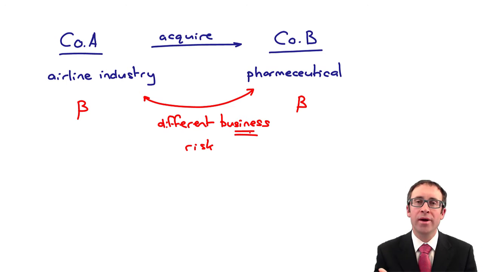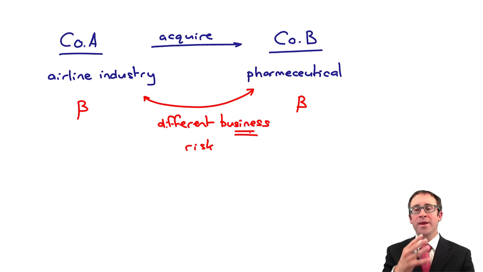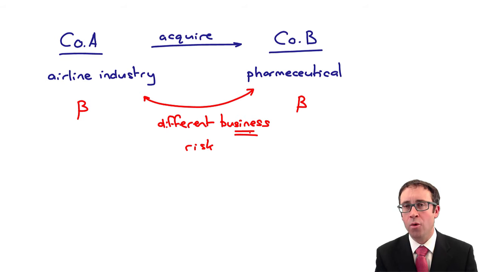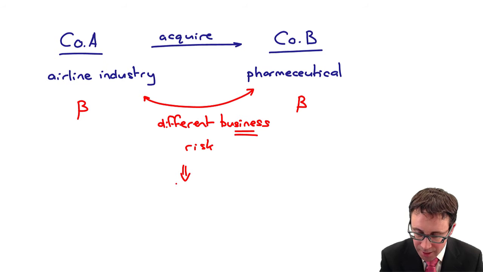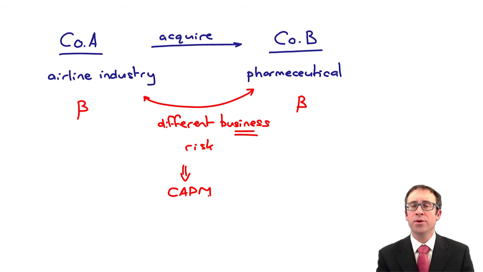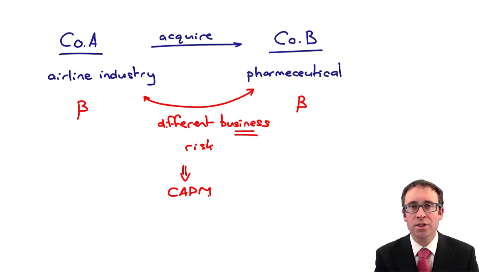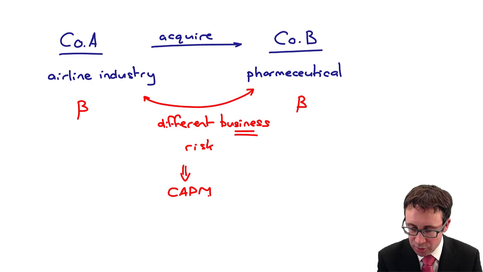Now we need to incorporate it slightly. If company A is looking to acquire company B, it's going to have to appraise that acquisition using CAPM, won't it? What we need to do is appraise that new project using the business risk of the pharmaceutical industry.